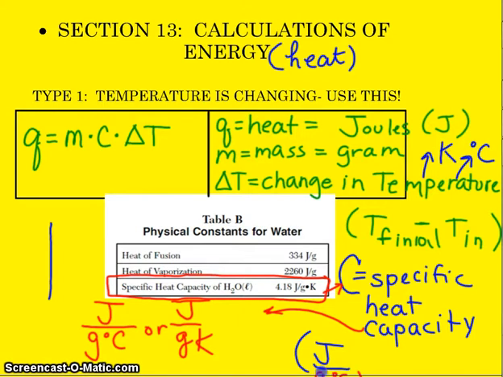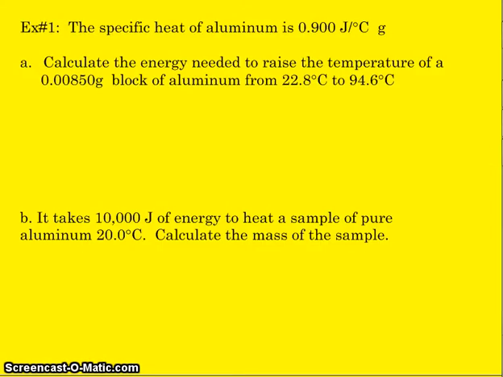Let me show you how we use this one in some type 1 problems. Example number 1. The specific heat of aluminum is 0.9 joules per gram degrees Celsius. A. Calculate the energy needed to raise the temperature of a 0.00850 block of aluminum from 22.8 to 94.6.